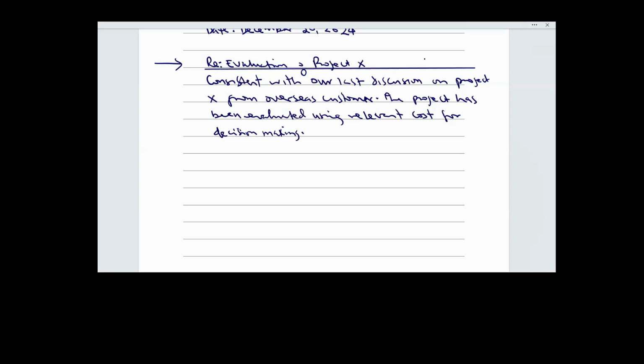in this introduction, I have shown to the management that we've had a discussion before on this project X, whereby the management asked me to go and evaluate and come back.